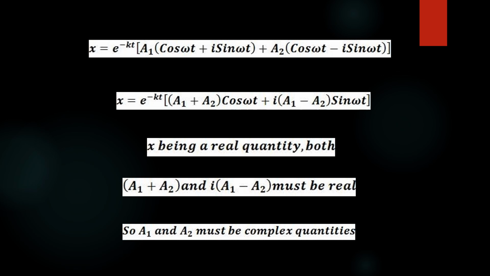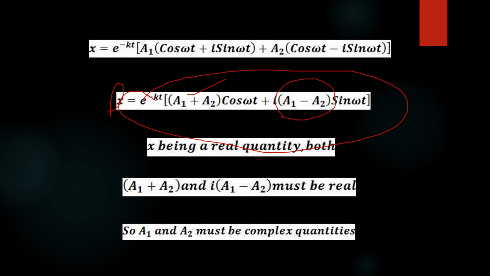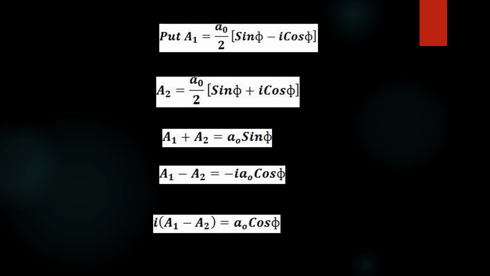Then we argued that since x, the displacement, is a real quantity, the terms on the right hand side should also be real, that is a1 plus a2 and i into a1 minus a2 should also be real. For that, a1 and a2 must be complex quantities. Then we wrote a1 and a2 as two complex quantities, so that if you take a1 plus a2 or i into a1 minus a2, you will get two real quantities.